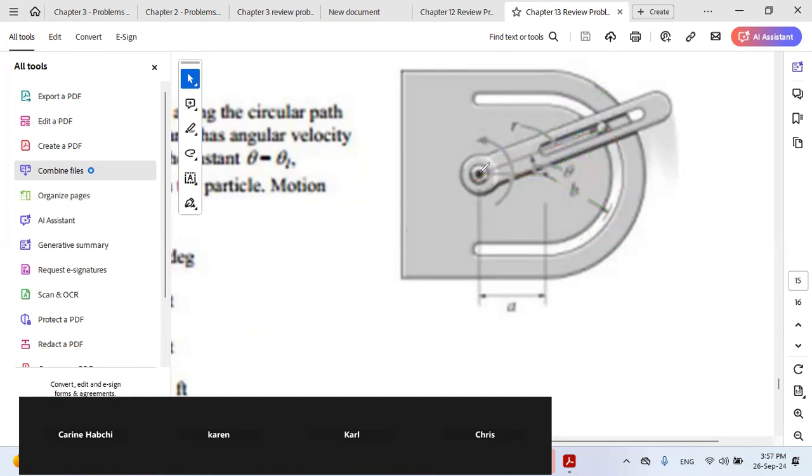If A and B are not equal, I have to take my triangle. I will draw it here on a bigger scale. Let us consider A and B to be different. So this is A, this is B, this is my R, and this is my theta.